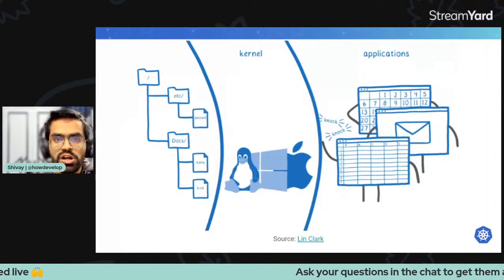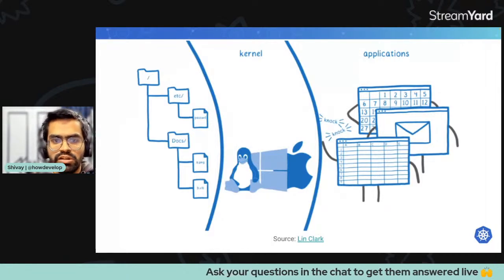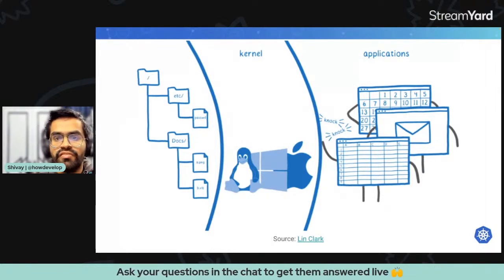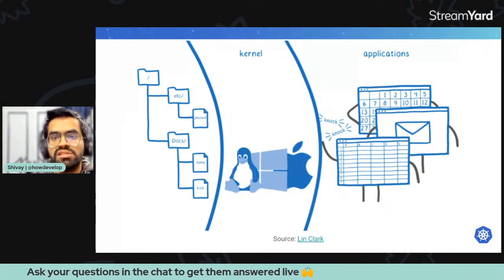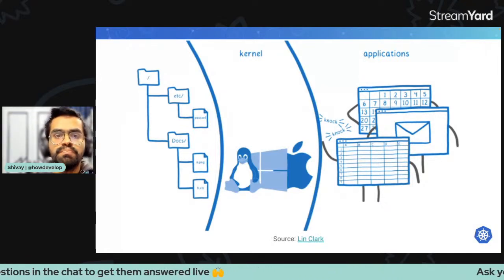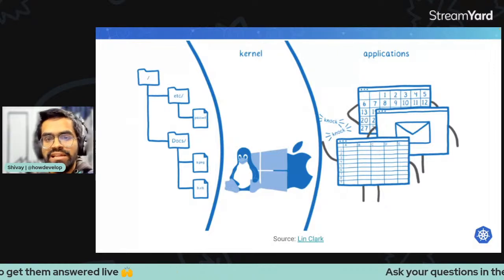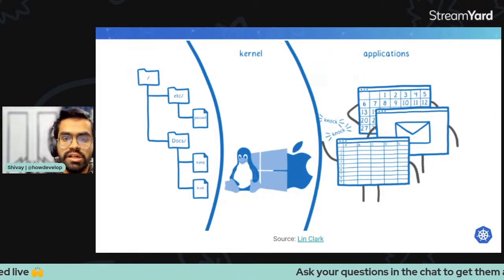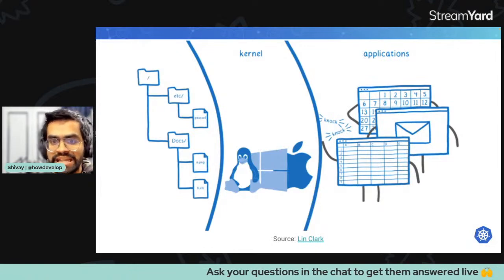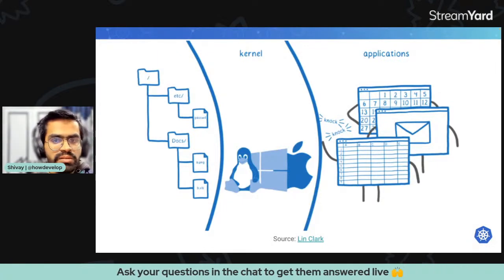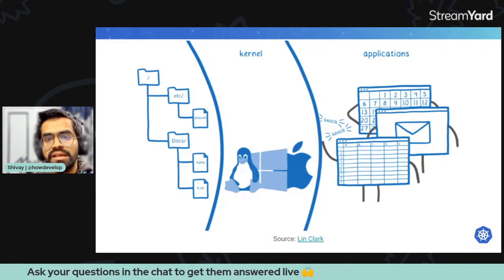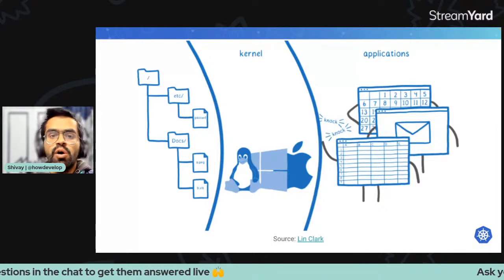Now, typically, if we talk about system interfaces or any application in general, the way that they interact with your kernel is with the help of these system interfaces that basically allow for communication between any software application and the kernel, which allows you to run any specific tasks. And that is very similar to how the WebAssembly system interface, or WASI in short, also works, right?